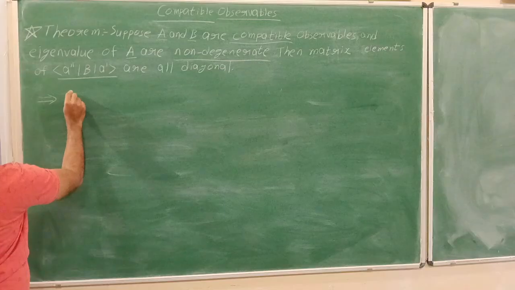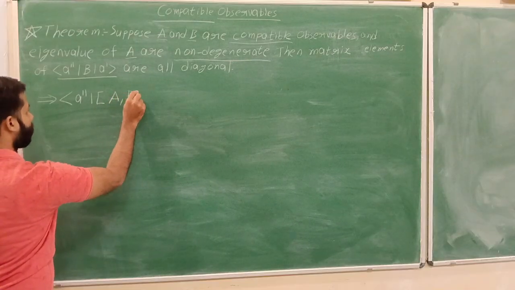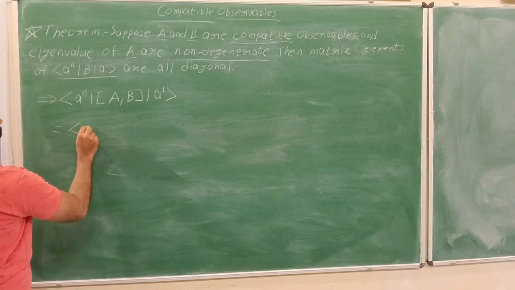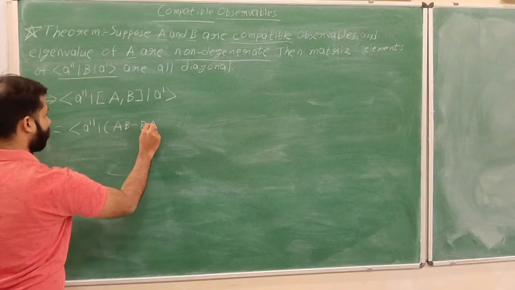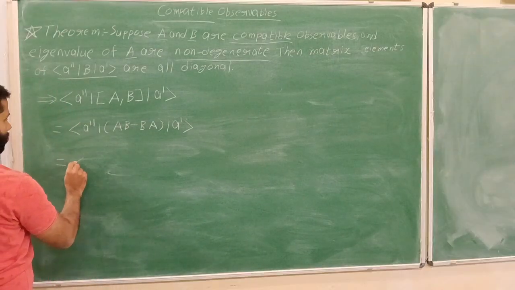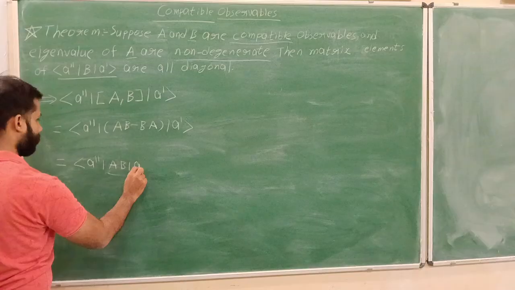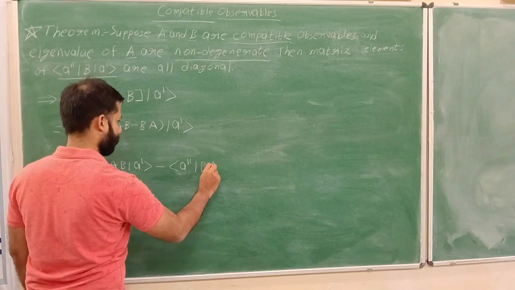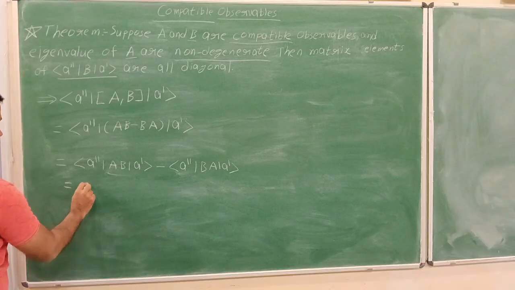Let's get to the proof of this. Let me write. We just learned this is the commutator A minus B. A can operate on this, gives some eigenvalue A double prime.